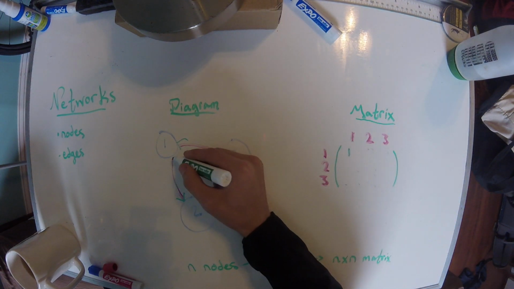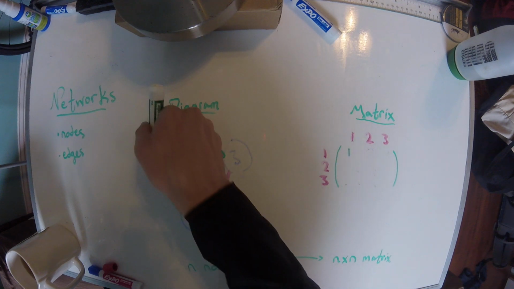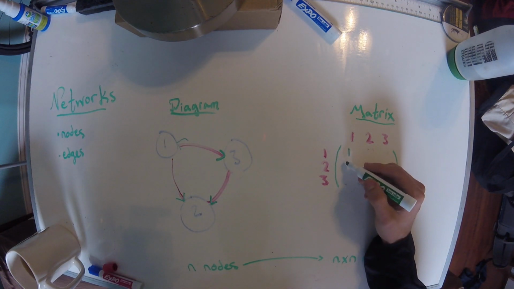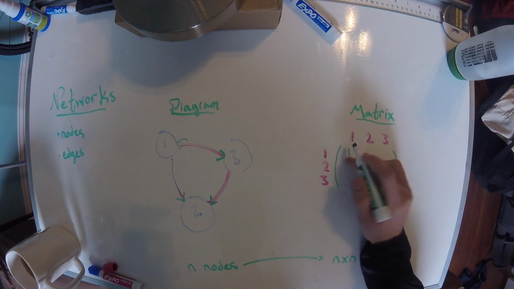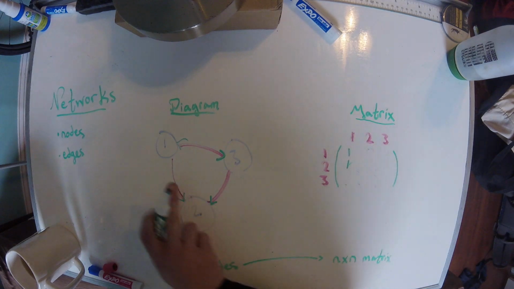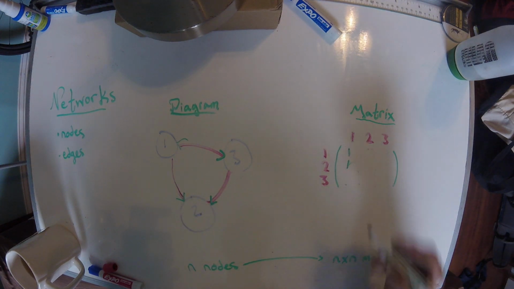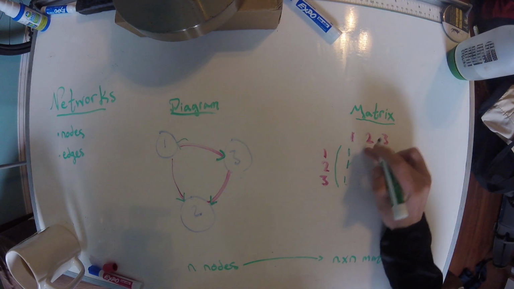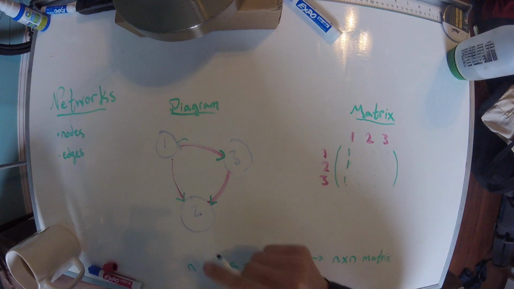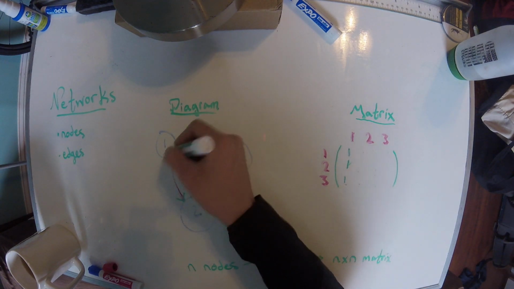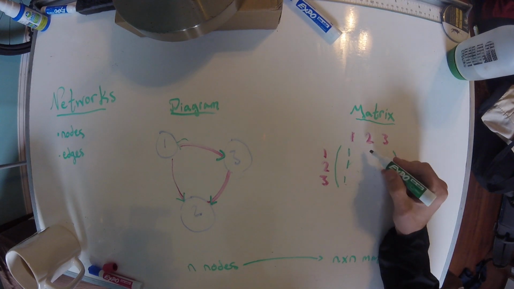And 1 is connected to 2 because we have a connection going to 2 like that. So we'll put a 1 there, and it's also connected to 3 because there's an arrow going from 1 to 3. Now for 2, it's actually not connected to 1 because there is no arrow going from 2 to 1. There's an arrow going from 1 to 2, but not in the other direction. So this is actually a 0.